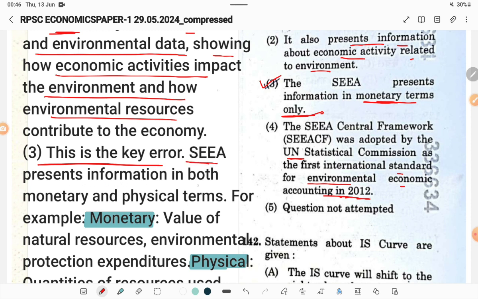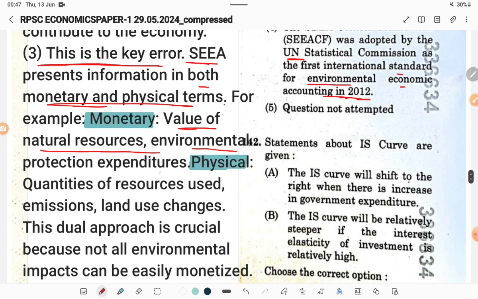SEEA presents information in both monetary and physical terms, not only monetary terms. For example, monetary value of natural resources and environmental protection expenditure, and physical terms such as quantities of resources used, emissions, and land use changes.